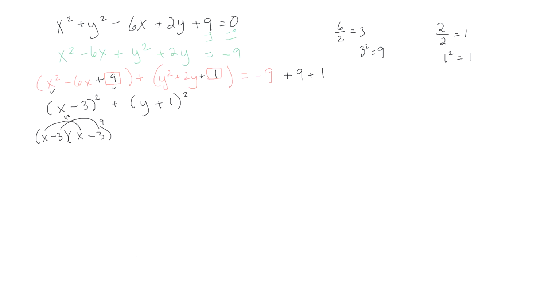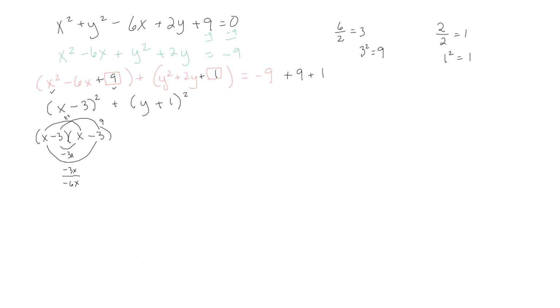And I put it there. Minus 3 times x, minus 3 times x gives me my middle term of minus 6x. Okay, so same thing for that.